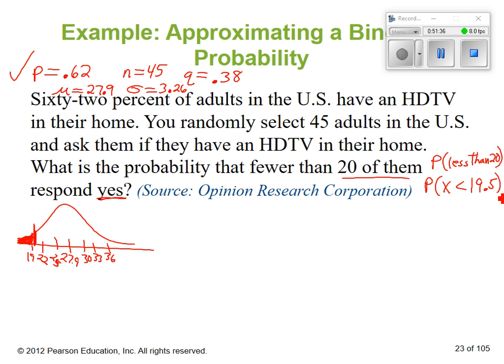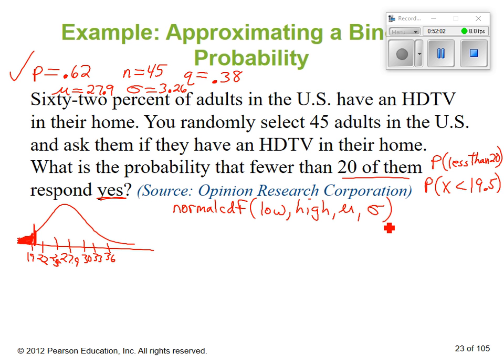Now when we go to punch that into our calculator, instead of doing binomial, we can do the normal. So we do normal CDF, and for that we put in the low limit, the high limit, the mean, and the standard deviation.